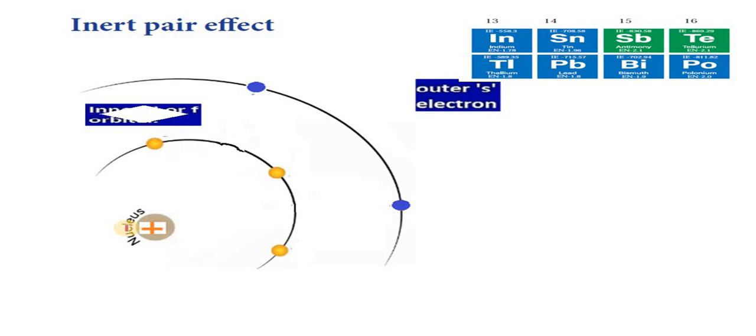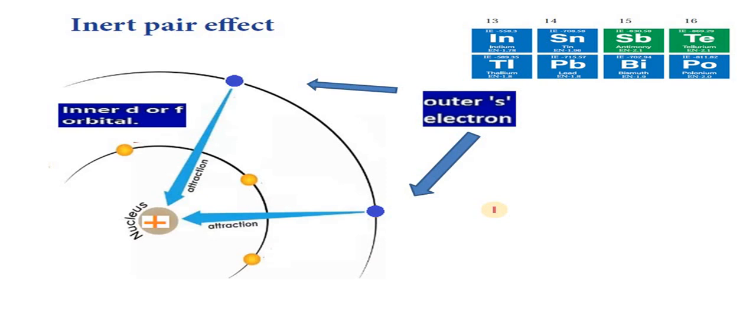That inner orbital has d electrons or f electrons. These inner d as well as f electrons have poor shielding effect. Because of this poor shielding effect, the nucleus attracts the outermost s electrons effectively. Therefore, the 2 s electrons are strongly bound to the nucleus. Therefore, the 2 electrons are unable to form chemical bonding. The 2 electrons are inert in nature.